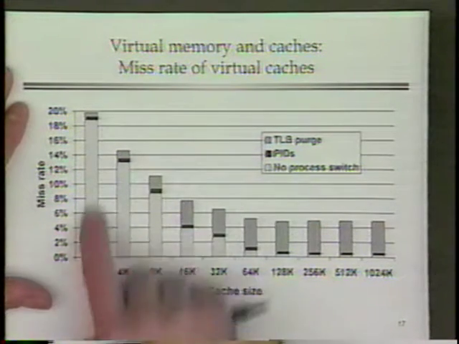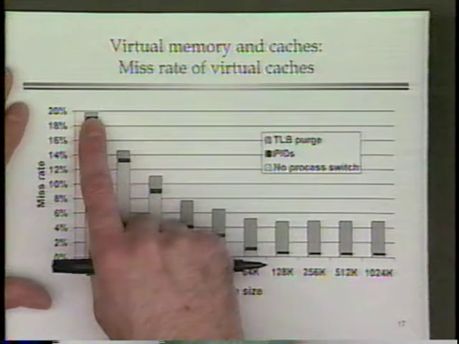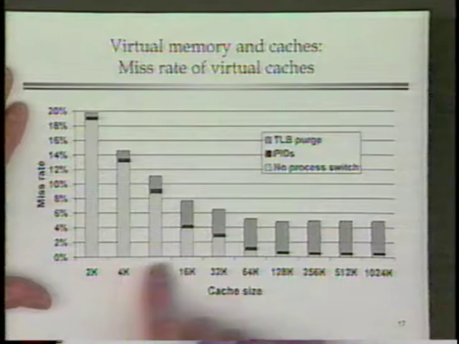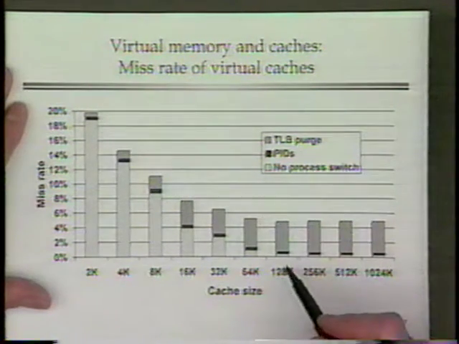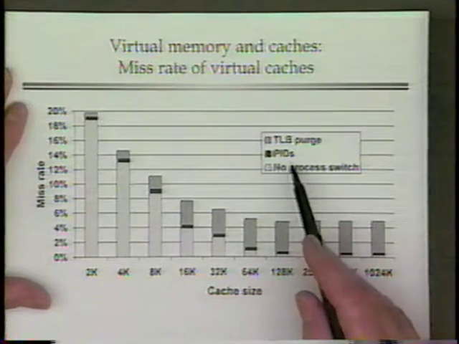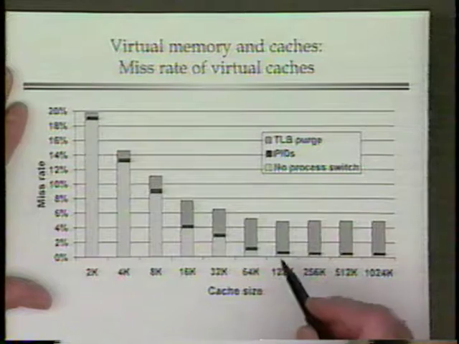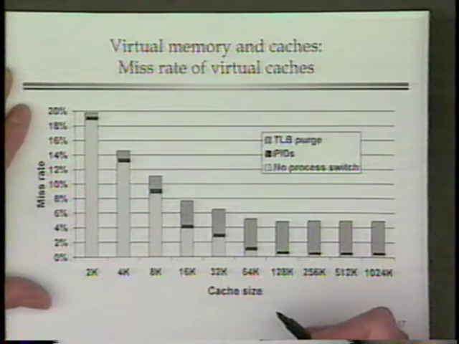You're going to suffer whether or not you're process switching or using process IDs or purging the cache. Basically, it's terrible in all cases. When the miss rate goes down, though, if you look down here, it shows that including the process IDs as part of the cache tag gets you almost as good as not doing any process switching at all in terms of the overall miss rate.